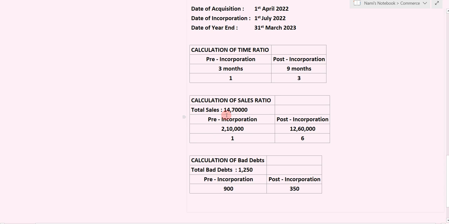So out of 14 lakh 70,000, 2 lakh 10,000 belongs to pre-incorporation sales and the remaining belongs to post-incorporation. That means 14 lakh 70,000 minus 2 lakh 10,000, the remaining 12 lakh 60,000 belongs to post-incorporation. So the ratio: 21 ones are 21, 21 sixes are 126. So the sales ratio is 1:6.